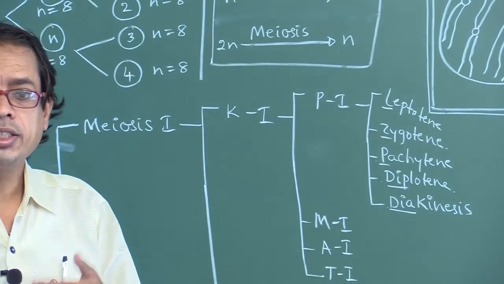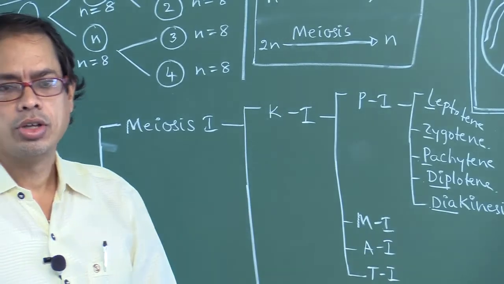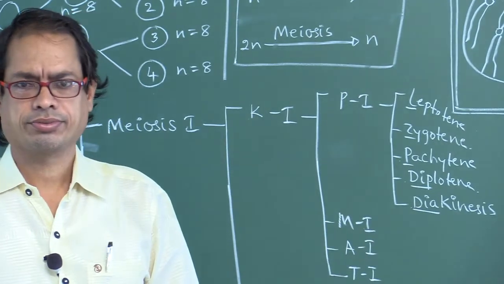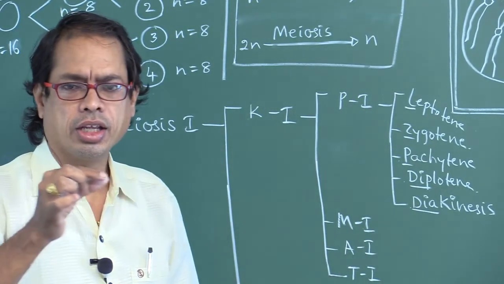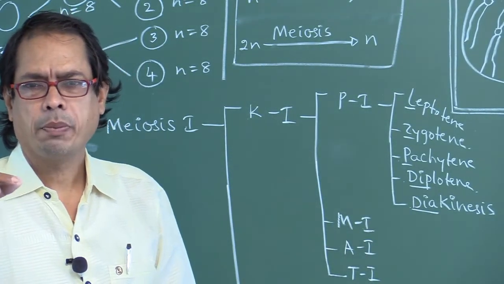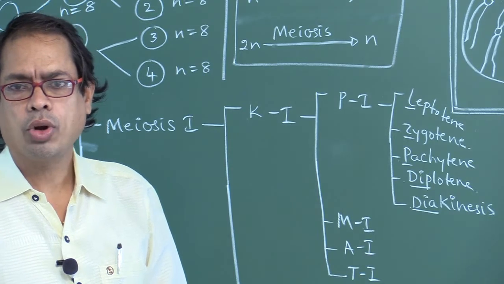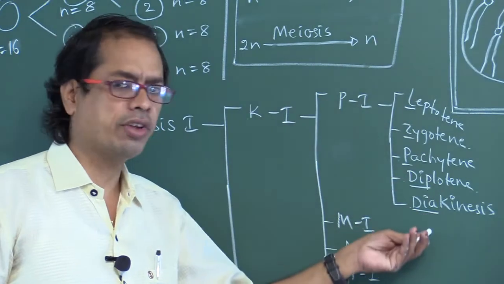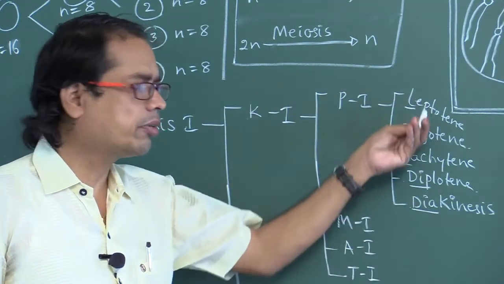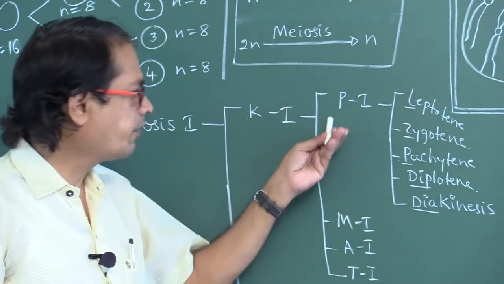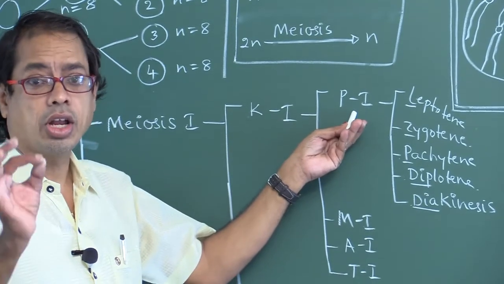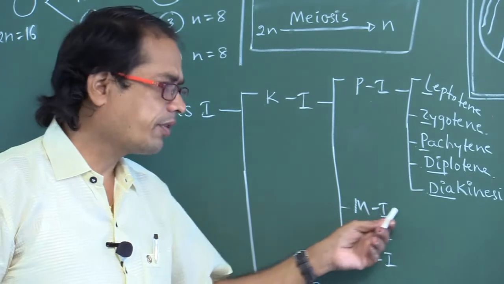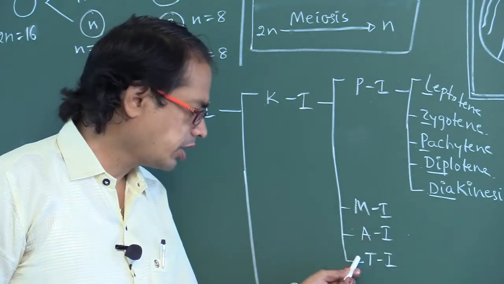So the 5 steps of prophase 1 must be said in the correct sequential order. Prophase 1 is the longest phase of meiosis 1. Next, metaphase 1, anaphase 1, telophase 1.